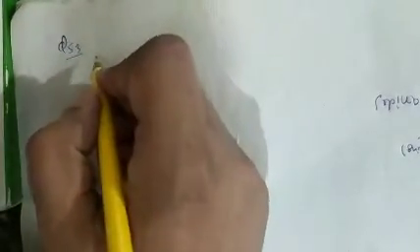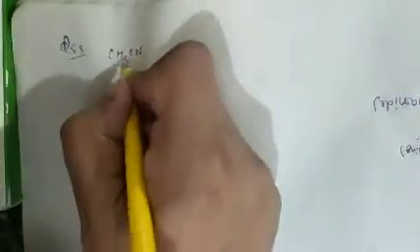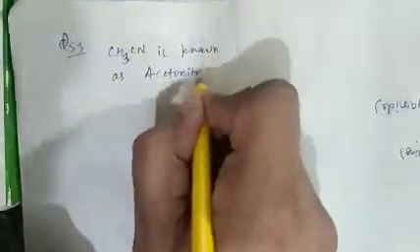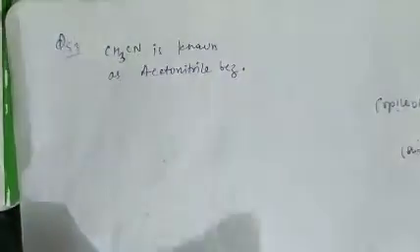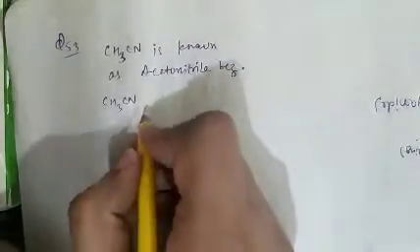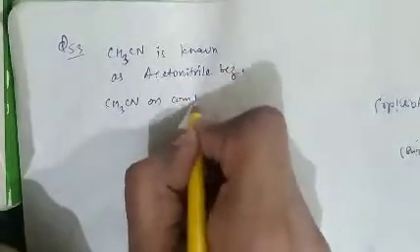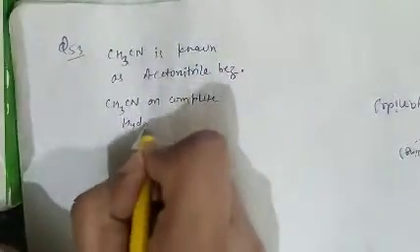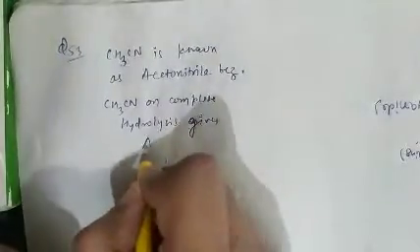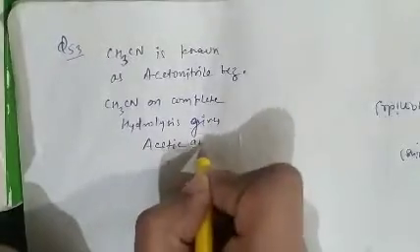Question number 53 is basically CH3CN. CH3CN is known as acetonitrile because, as we know, CH3CN on complete hydrolysis gives acetic acid.